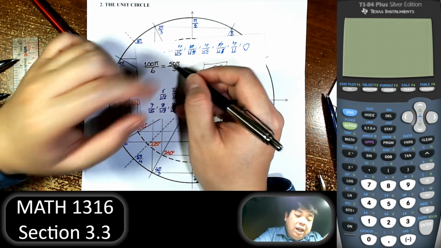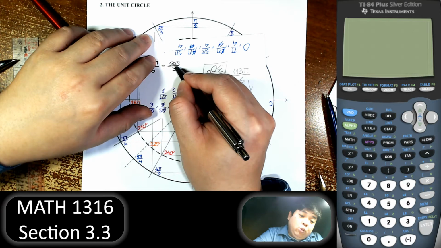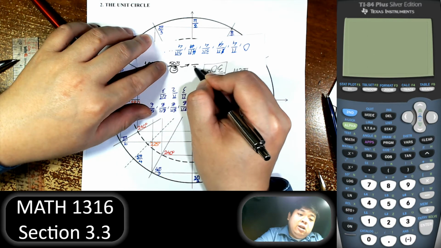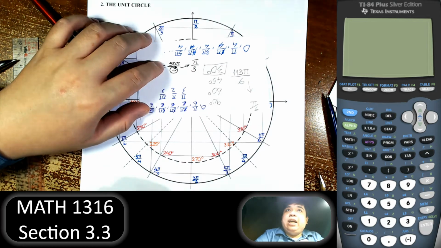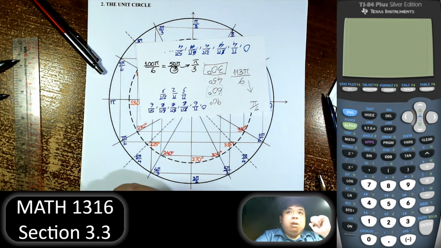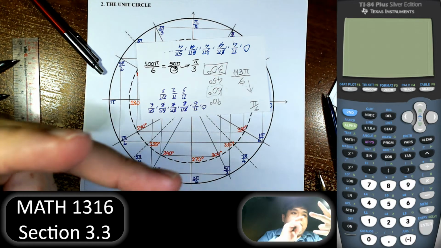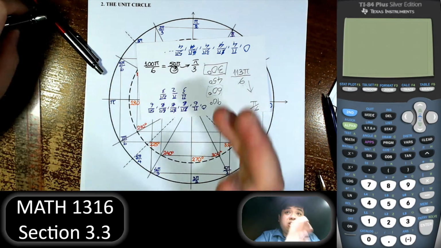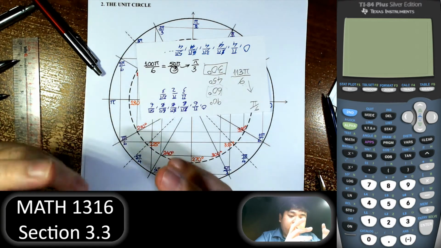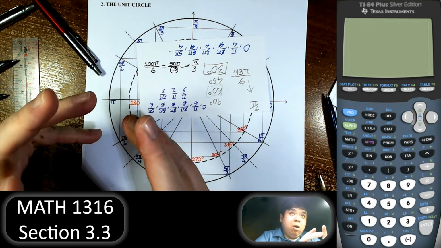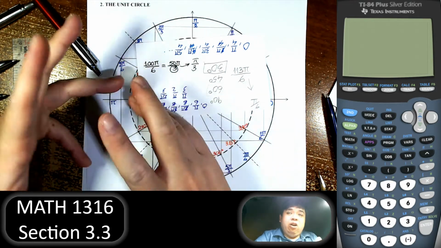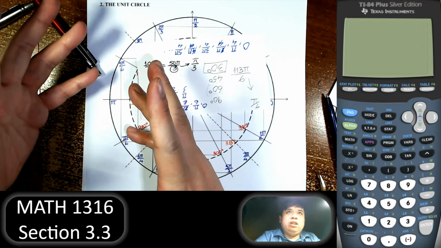And so if it is irreducible and we have 3 at the bottom, then we can say the reference angle is pi over 3. It works if it is pi over 3, pi over 4 or pi over 6, so we have 3, 4 or 6 at the bottom. That is guaranteed to work. If it is irreducible and it ends up with 3, 4 or 6 at the bottom, then the reference angle will be pi over 3, pi over 4 or pi over 6.